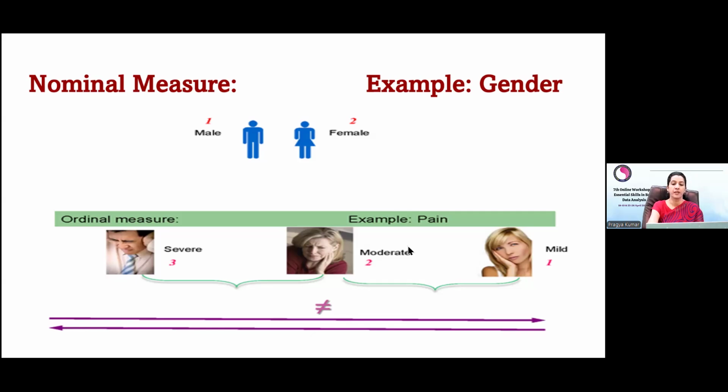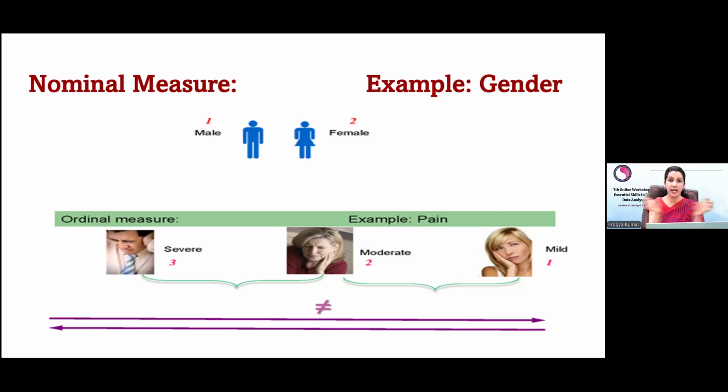Again, here the number 2 says that it is higher than 1, and 3 says that it is higher than 2 and 1. But if you see the difference, I cannot say that the difference between 1 and 2 will be the same as between 2 and 3. Why? Because it is not exactly measurable. Pain is a quality, a qualitative measurement. Although we have different scales, you will find a similar thing with the Likert type of scale, where you write highly agree or highly disagree.